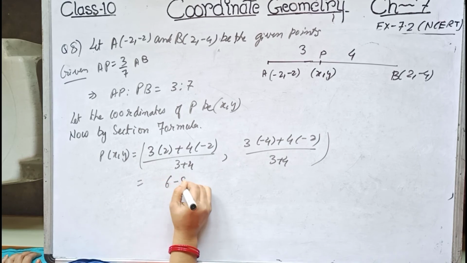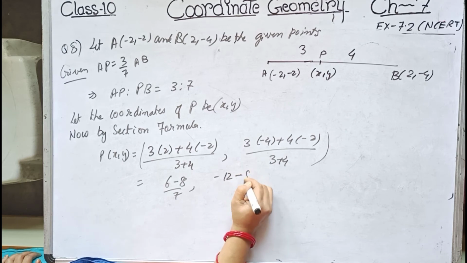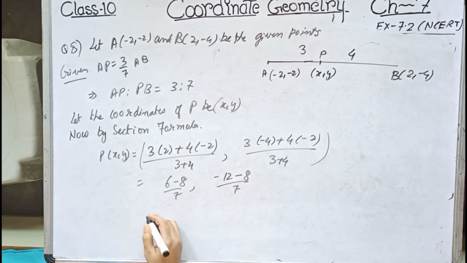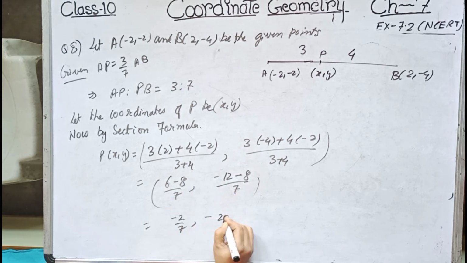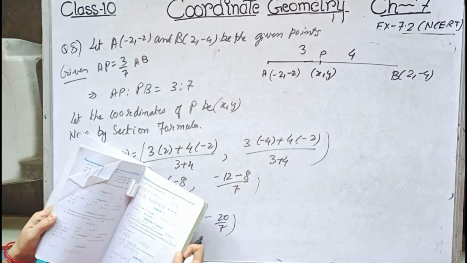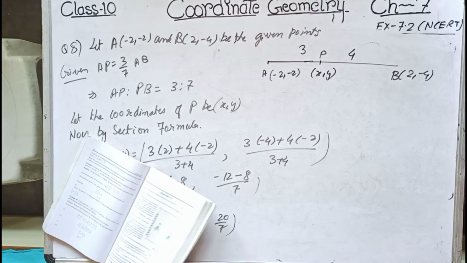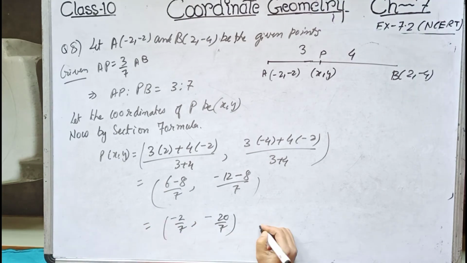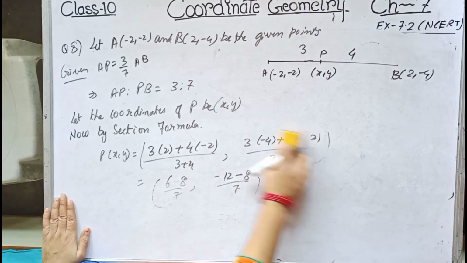So this will be (6 minus 8) by 7 and (-12 minus 8) by 7. So this will be equal to -2 by 7 and -20 by 7. Let us see once the answer. Question number 8, -2 by 7 and -20 by 7. Yes, very good. Correct. And this is the answer. Now let us move to question number 9. This was an easy question, huh?